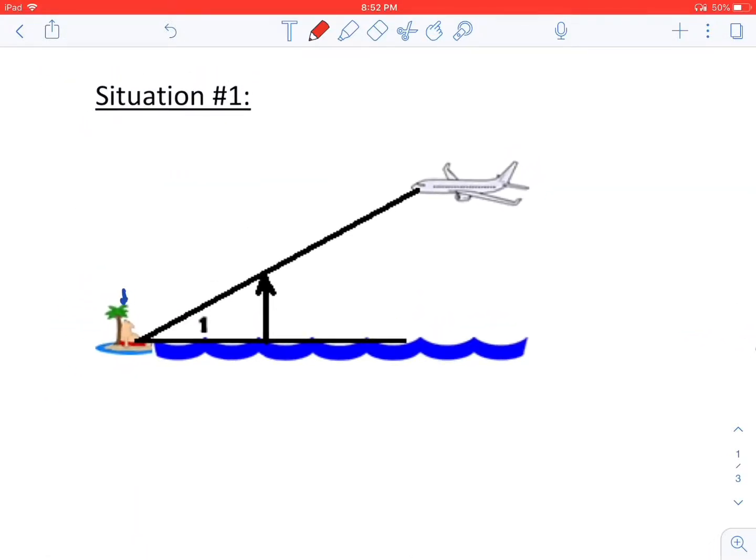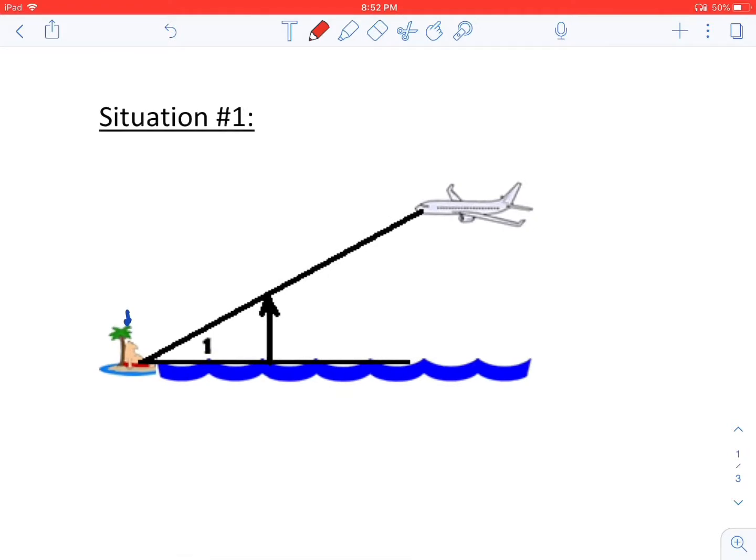Consider situation one, in which there is a bear sitting on the ground on a particular island. Sounds fun. And there is an airliner flying above.